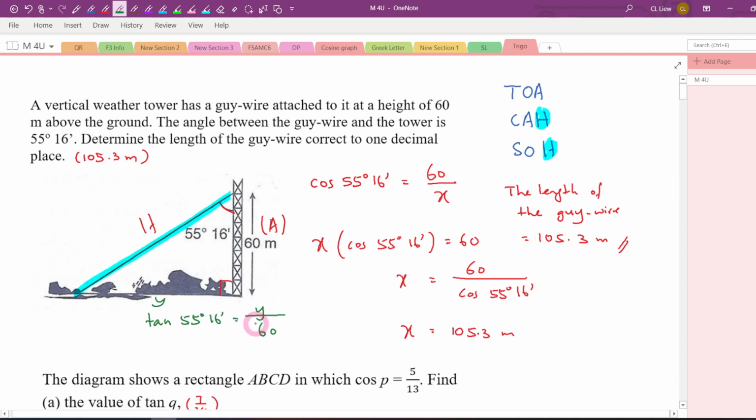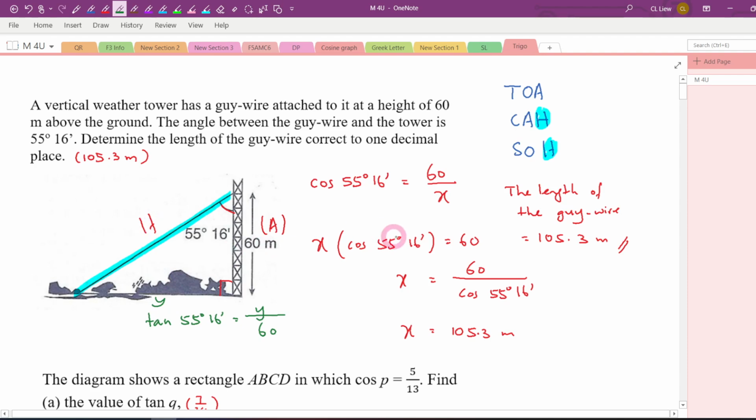But let's say if you insist on using tangent, can you still get the same answer? Yes. Why? Because if you find the value of y, but we are looking for the length here, still no problem. After you get this value, you can use the Pythagorean theorem to get this one, but it will take a longer time.